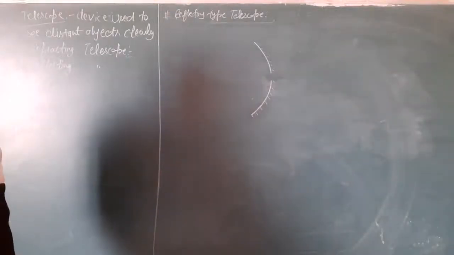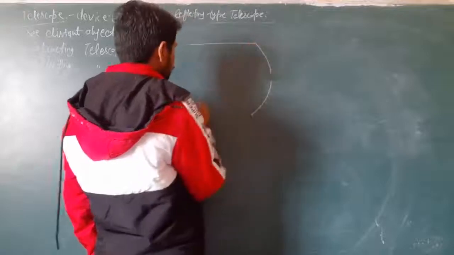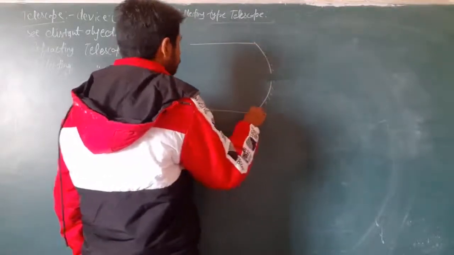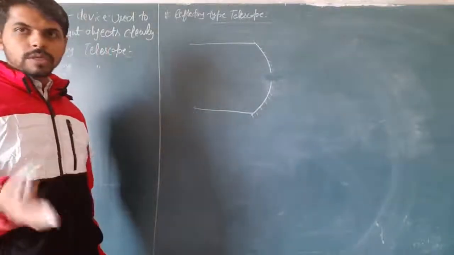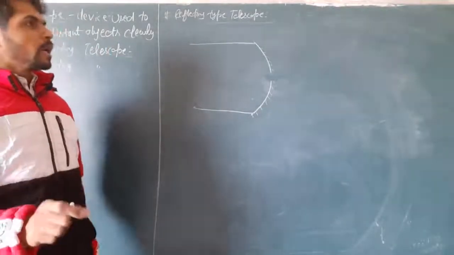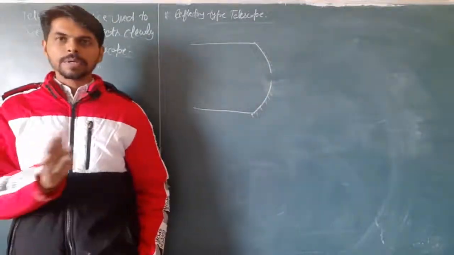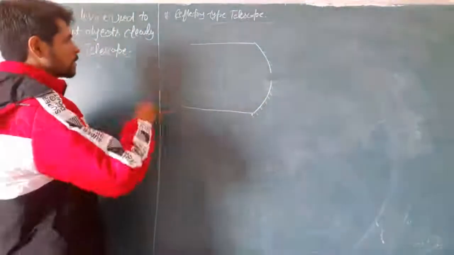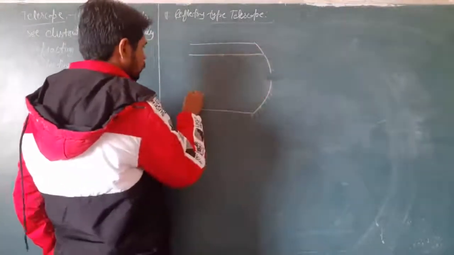This is the reflecting surface, and this is the tube in which the concave mirror is mounted. Object is a distant star, because telescope is used to see distant objects, and from a distant star the object is at infinity, so rays are coming parallel to the principal axis, parallel to one another.